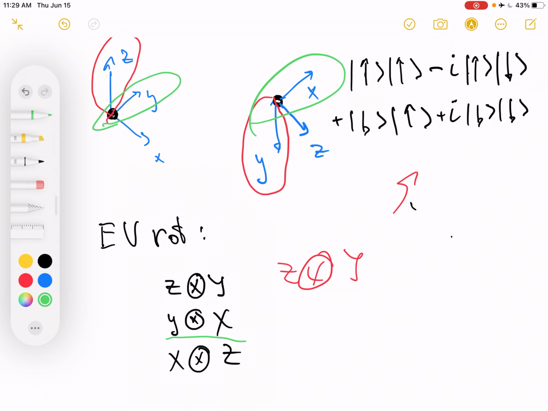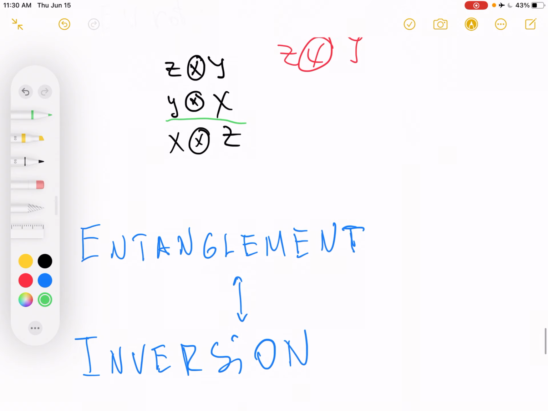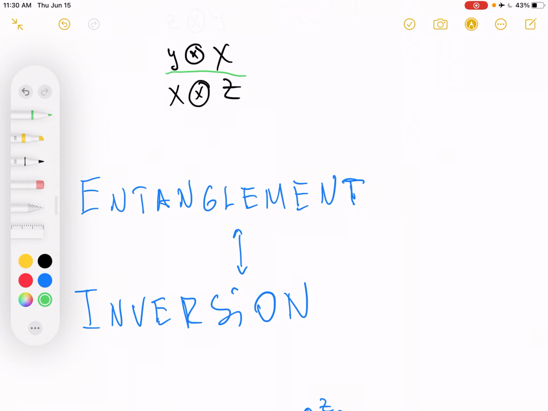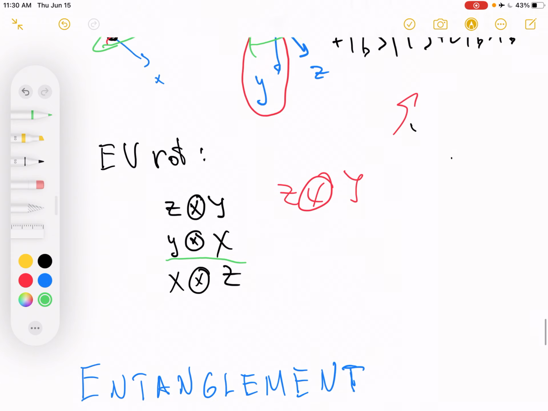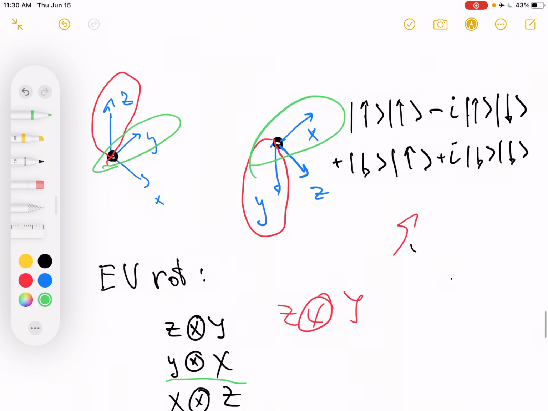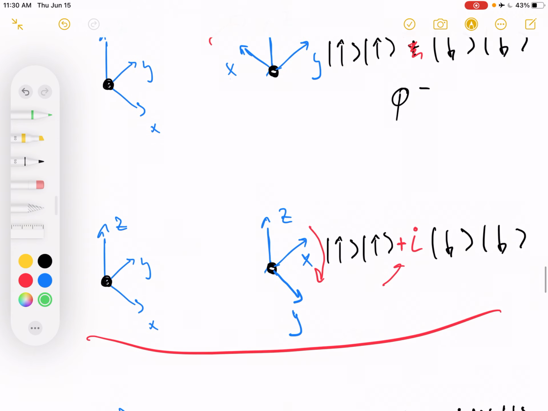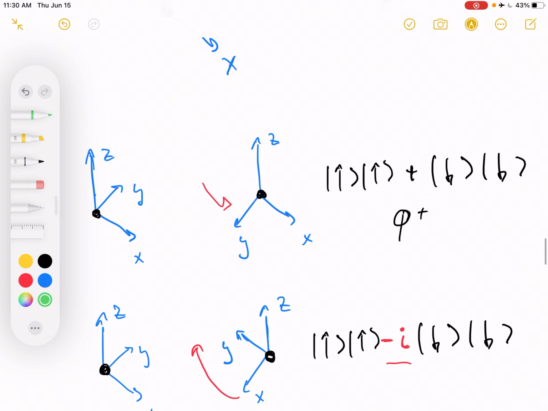And there are other interesting symmetries that pop up just visually in this representation. And more on the foundation side, it looks like entanglement has something to do with the inversion of the internal coordinate axis of one of the particles. What's more interesting is that such a formalism conveys the main essence of entanglement.